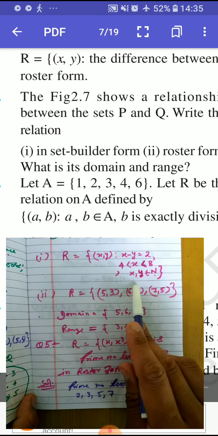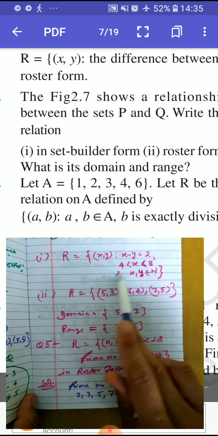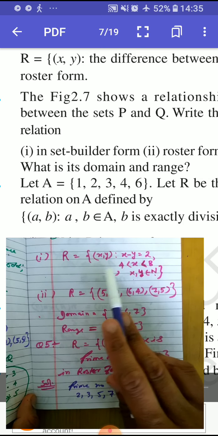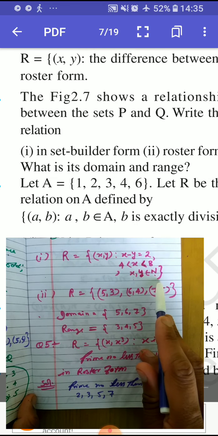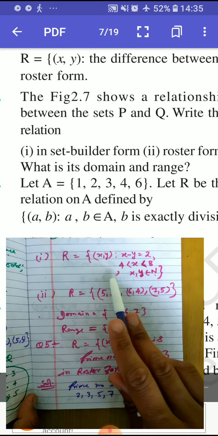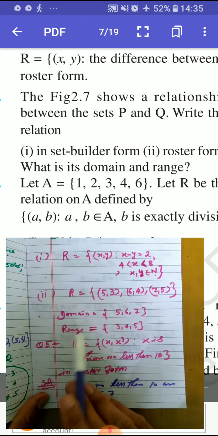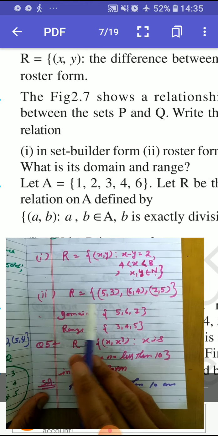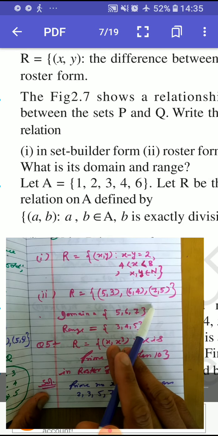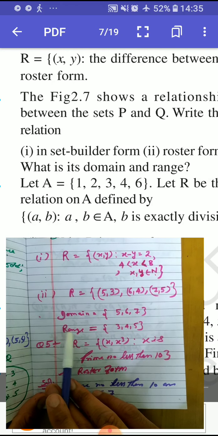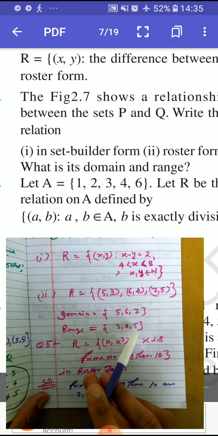And the value of x is greater than 4 and less than 8, meaning 5, 6, 7. Domain are 5, 6, 7, and also x and y belong to natural numbers. X and y are not real numbers, so greater than 4 is 5, then 6, then 7. Okay, if you put 5, its corresponding roster form is (5, 3), (6, 4), (7, 5). So therefore domain is 5, 6, 7 and range is 3, 4, 5.